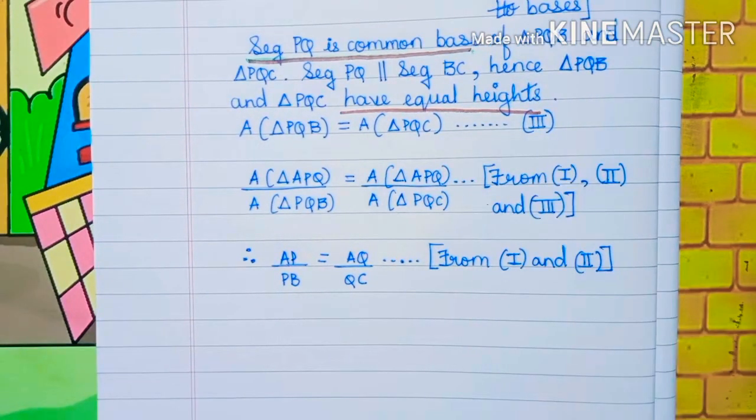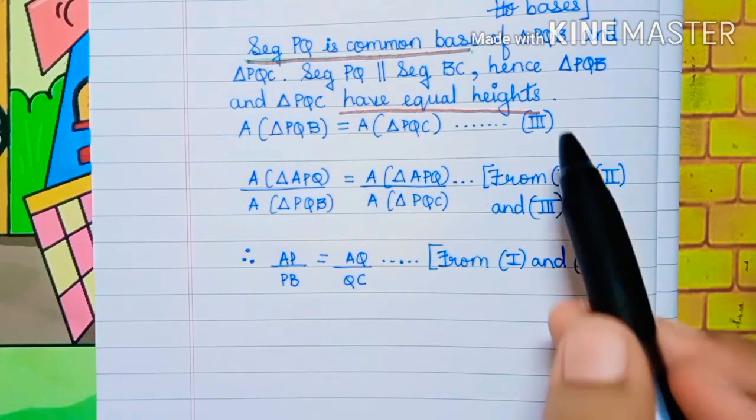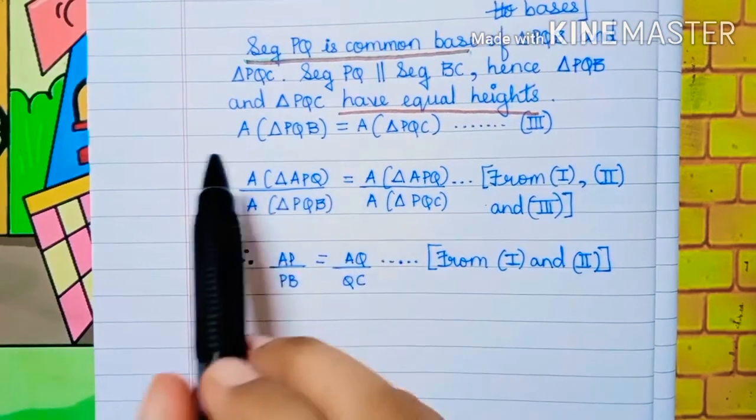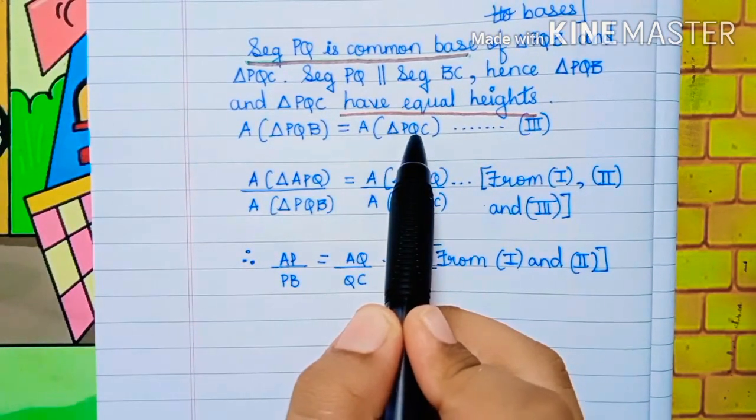Now we are very near to proving the theorem. What does it tell us? From 1 we learned that area of triangle APQ upon area of triangle PQB is equal to AP upon PB, and area of triangle APQ upon area of triangle PQC is equal to AQ upon QC from 2. And from 3, that is right in front of our eyes here, area of triangle PQB is equal to area of triangle PQC.